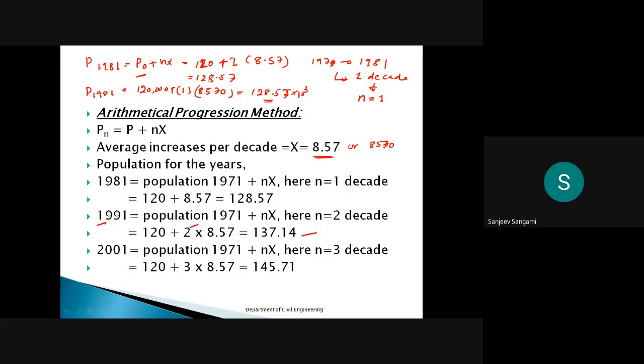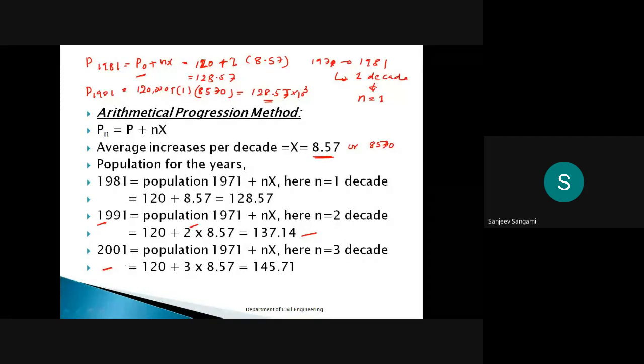Because from 1971 to 1991 the decades will be 2 decades. So total equal to 137.14.